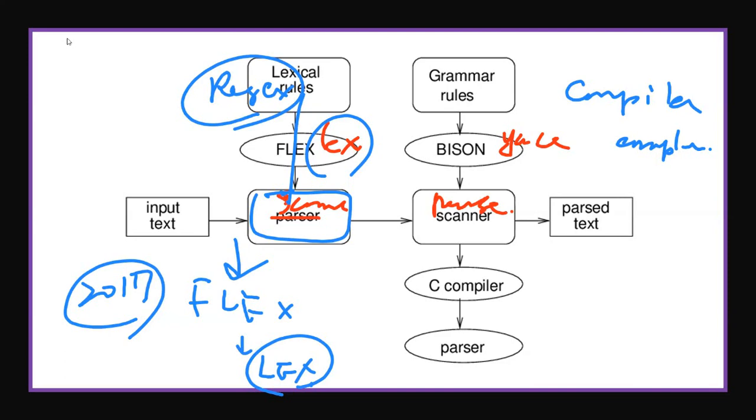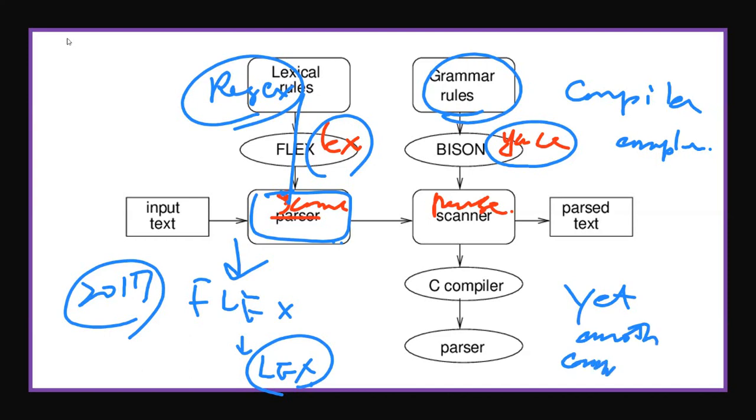And you take the regular expression description of your language and use Lex to generate a scanner. Now your C language grammar plus the scanner, using Yacc. Yacc stands for yet another compiler compiler, so it's YACC, okay?